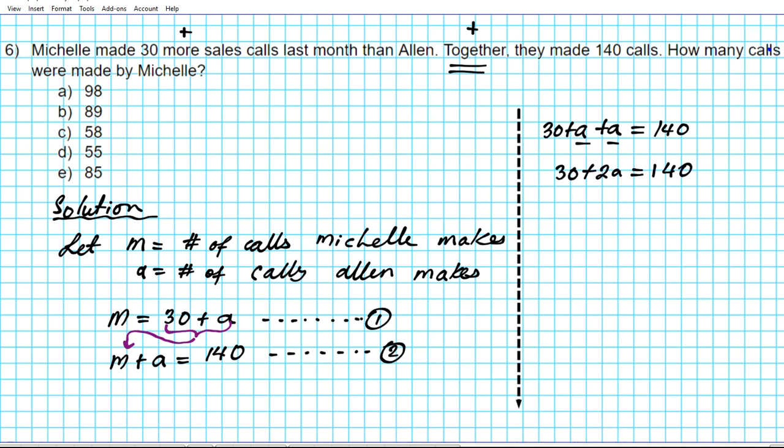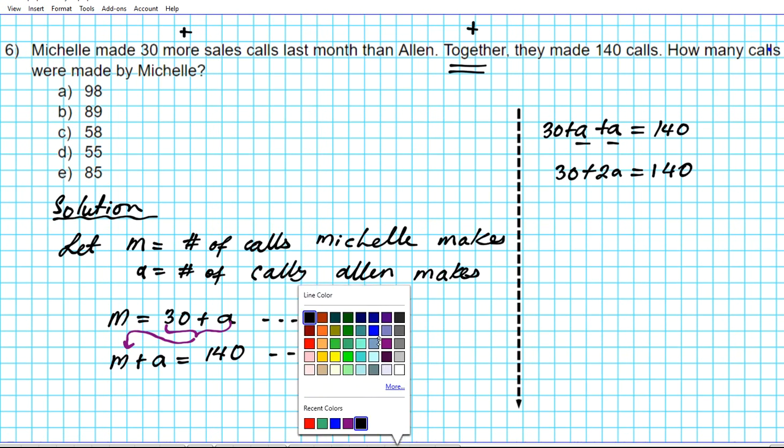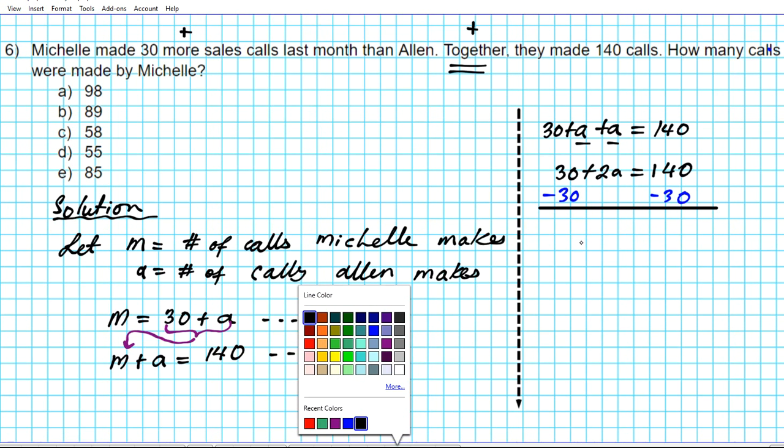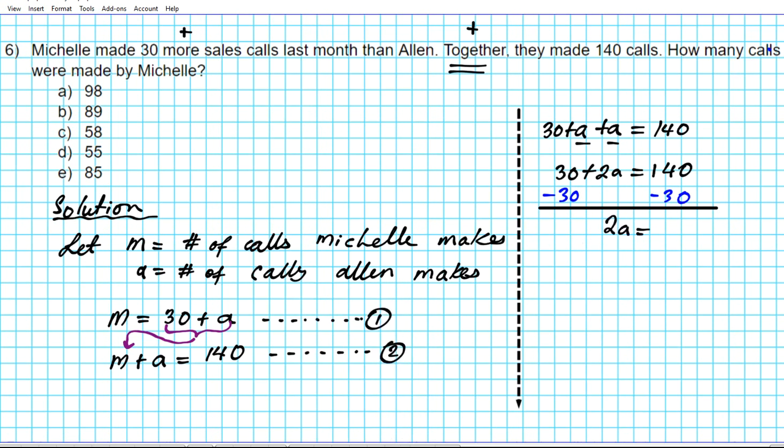And now to get A by itself, we can carry this out in two steps. First of all, we can subtract 30 and then divide by 2. So subtract 30 from both sides. If you subtract 30 from both sides, you end up with 2A is equal to 140 minus 30 is 110.